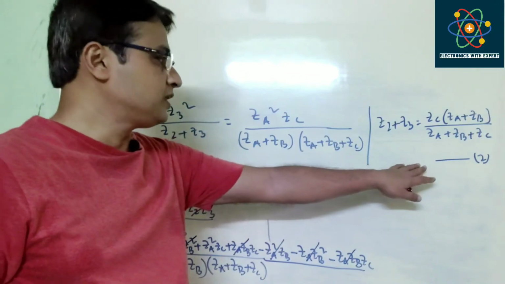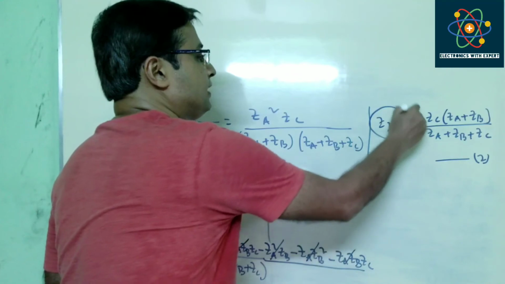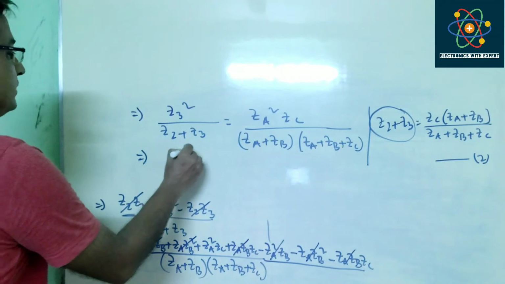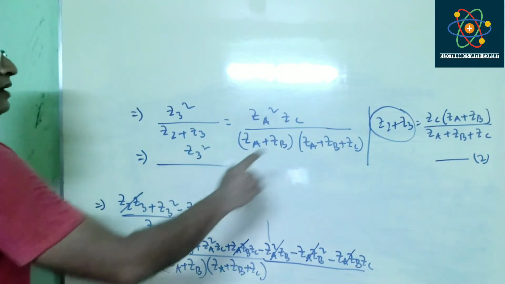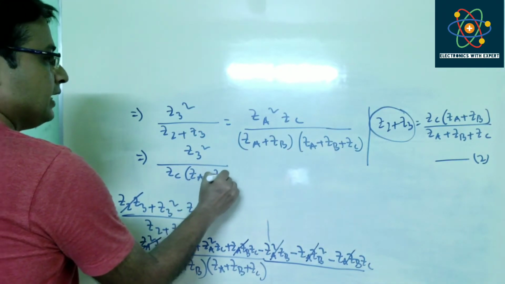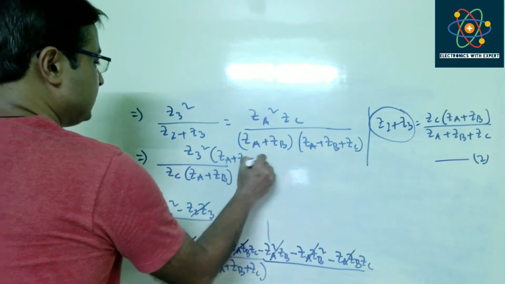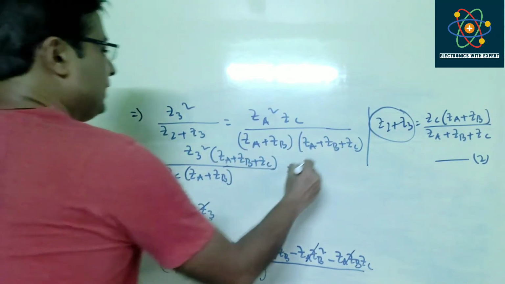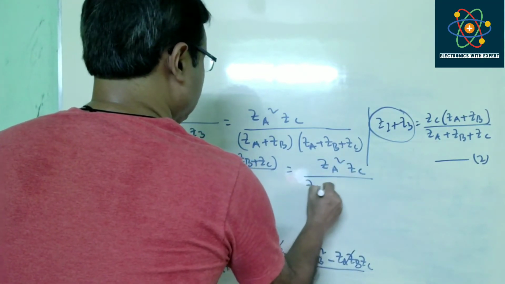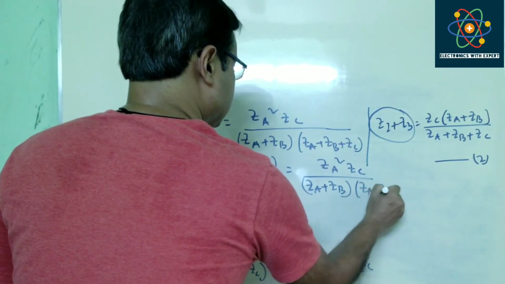Now this was our equation 2. We are actually substituting the value of Z2 plus Z3 in this position. So it will become Z3 square divided by ZC into ZA plus ZB, and the denominator will move to this numerator, that is ZA plus ZB plus ZC, keeping the right hand side intact, ZA squared ZC by ZA plus ZB into ZA plus ZB plus ZC.